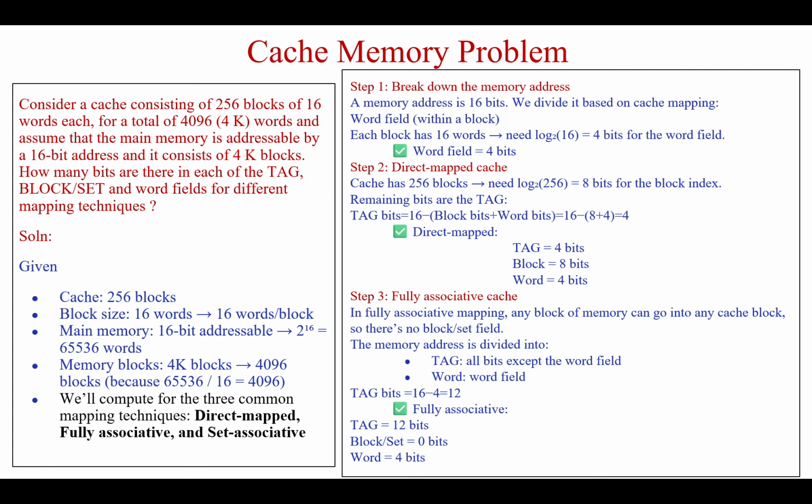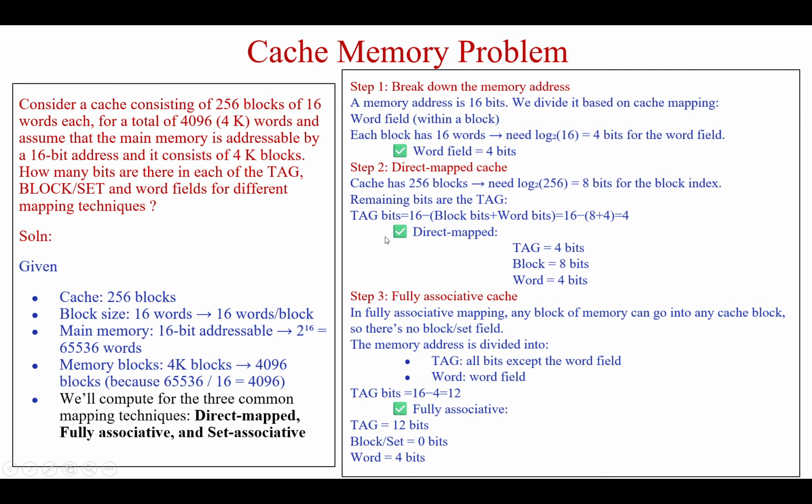Second, I already told you the mappings: direct mapping, fully associative mapping and set associative mapping, so we'll have three mapping concepts. In direct mapping, the cache has 256 blocks. It means log base 2 of 256, which is equal to 8 bits for the block index.